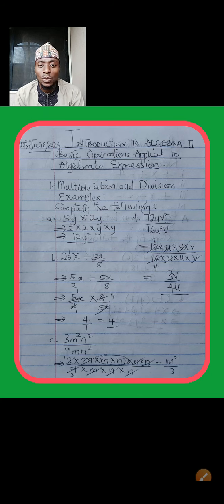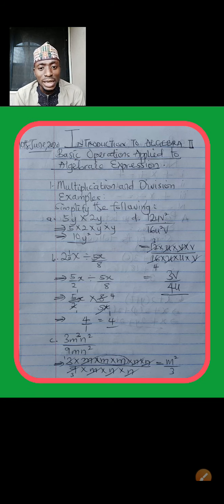We have one y and another y at the second place. So you say 5 times 2 times y times y. 5 times 2 is 10, and y times y is y squared, not 2y. It is y plus y that is 2y, but y times y is y squared. So that is why the answer is 10y squared.